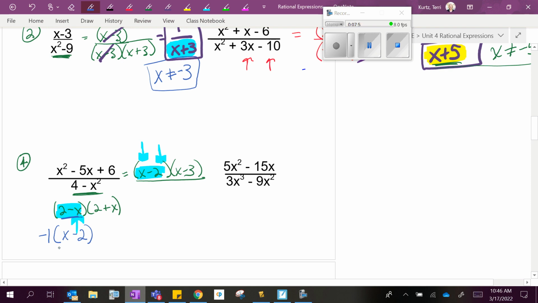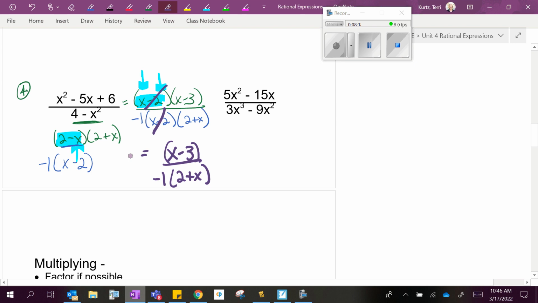So now I'm going to factor the bottom, but instead of just 2 minus x, 2 plus x, I'm going to say -1, x minus 2, 2 plus x. Now I can cancel the x minus 2's, and I'm left with x minus 3 over -1, 2 plus x.